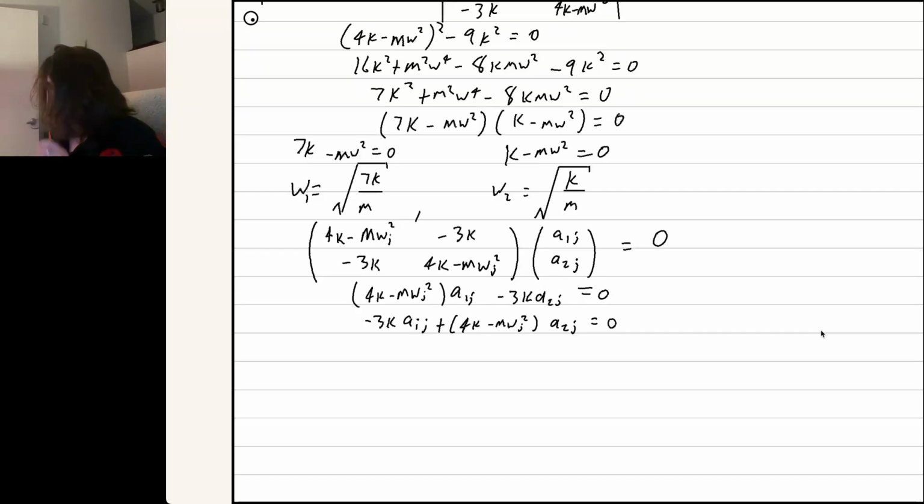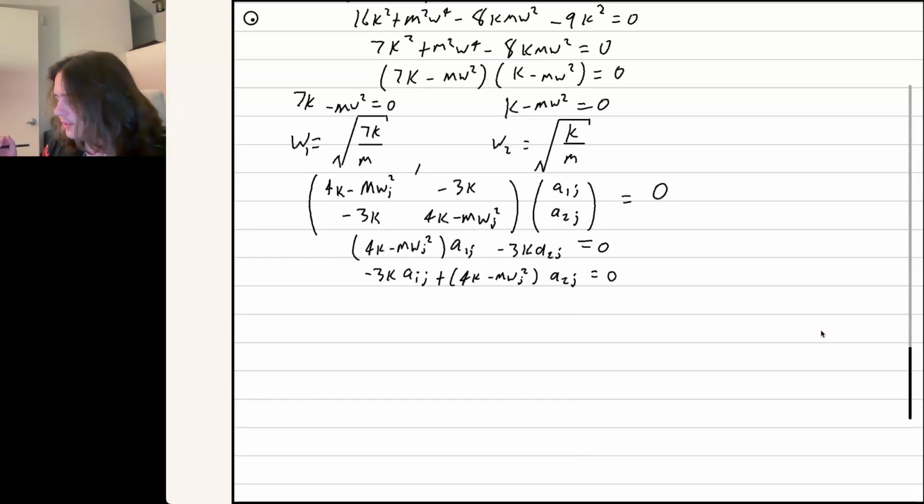So what you're going to find from these equations is that there's a free variable for each choice of j, which is fine, but that just means we'll be able to choose the simplest form of a1 and a2 that we can. What do I mean by that?